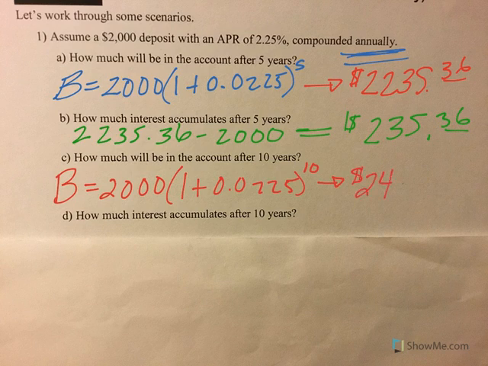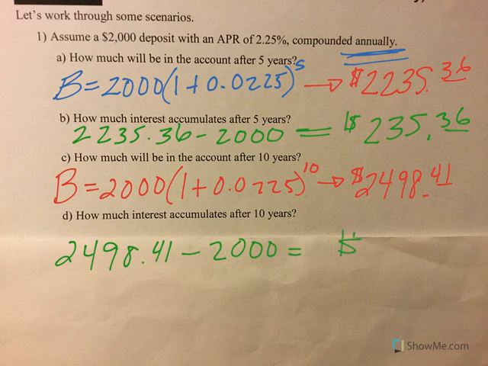And that will be $2,498.41. Again, how do I find out my interest? I take my ending amount, I subtract my beginning amount, and I end up with $498.41. So the interest is always the difference between the beginning and the end.